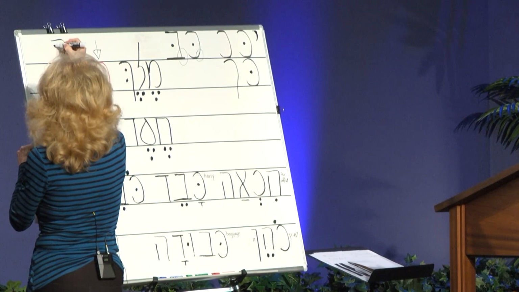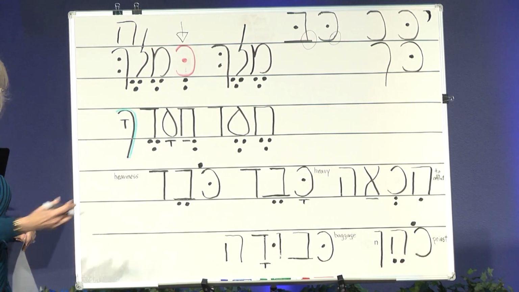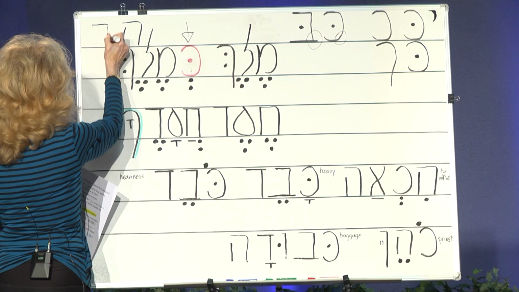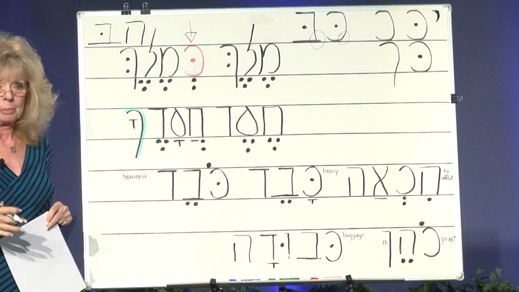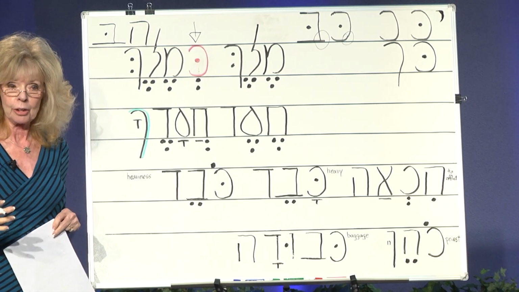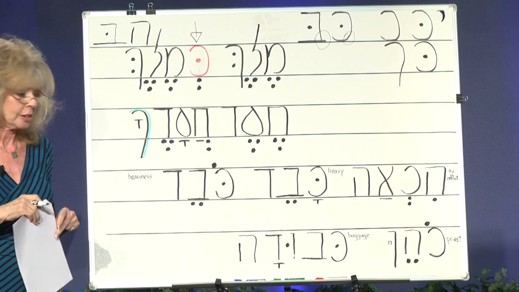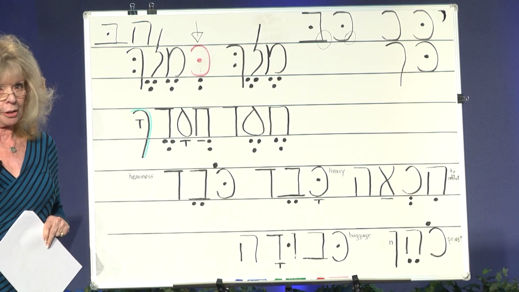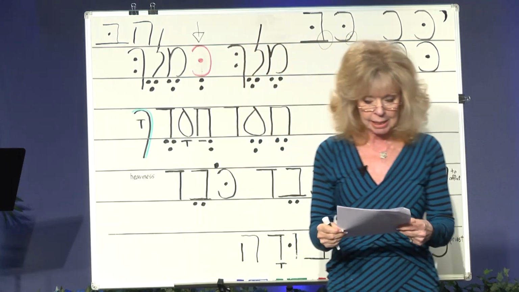Remember, we attached the hey to the beginning of a word, and it means the, whatever it's attached to. When you attach a bait to the beginning of a word, it means in. So it could be ha bite, the house, or it could be b bite, in the house. All right, so we have 3 letters now that we know we can attach to the beginning of a word, and they have a specific meaning.